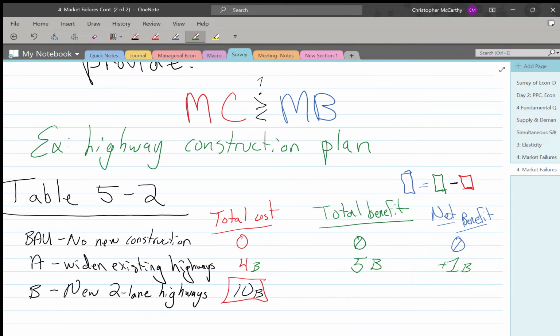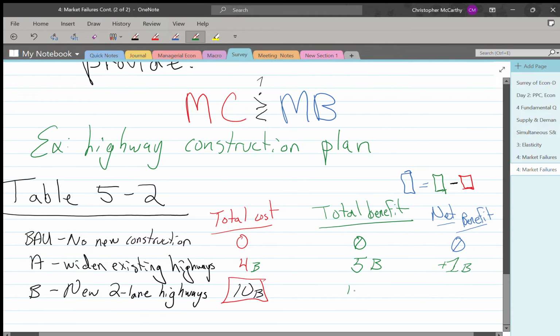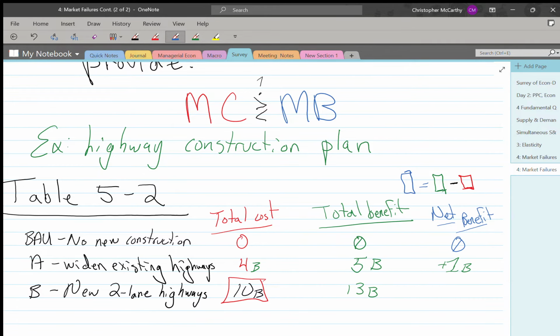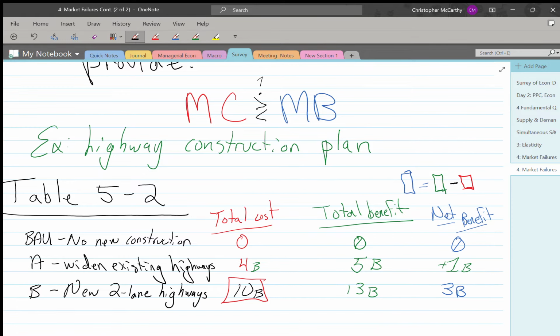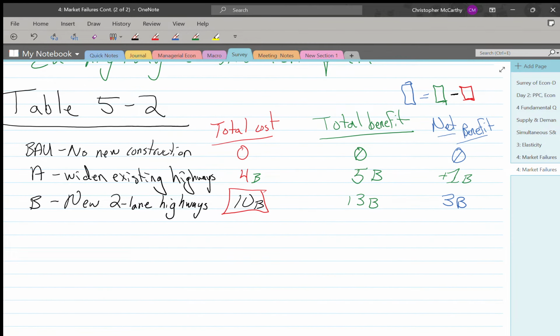But we're going to get a benefit of $13 billion when we get those newer roads. So that leaves a net benefit of what? $3 billion. So we would want to do that, right? That's a greater net benefit than the earlier plan.